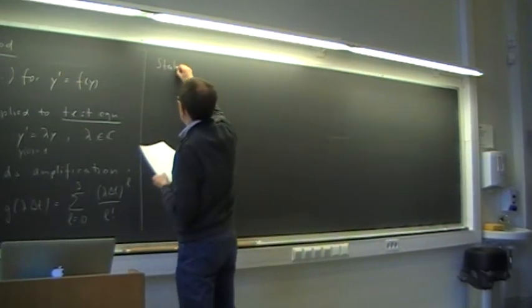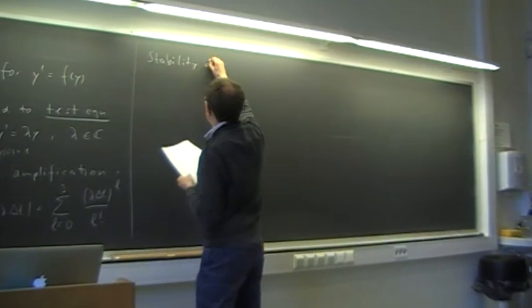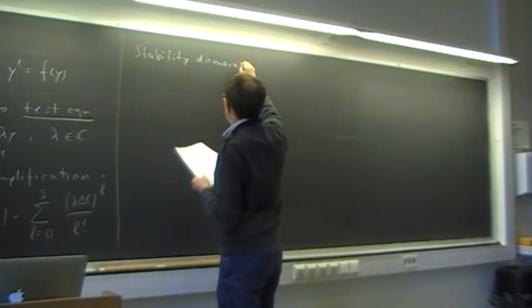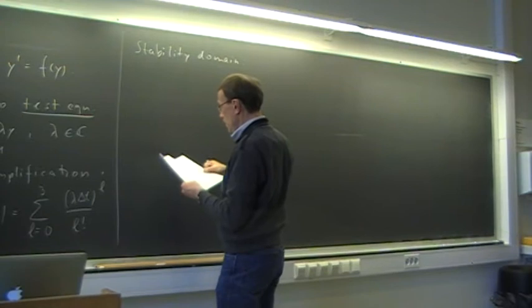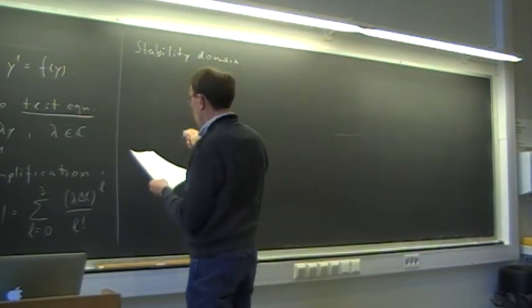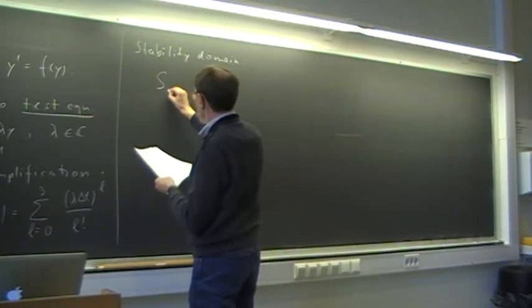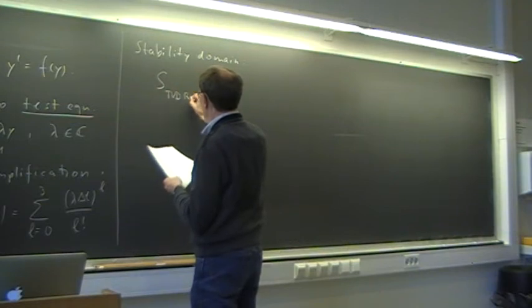The stability domain is then the following. That is the set of all, so I write it in this form, TVD RK3.